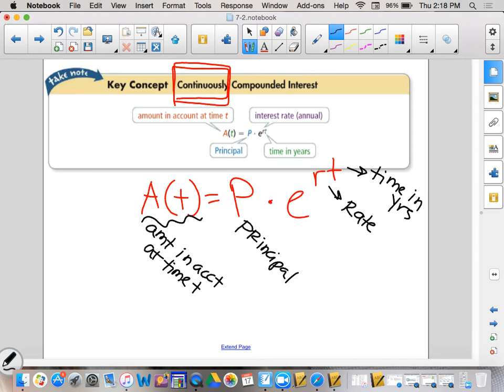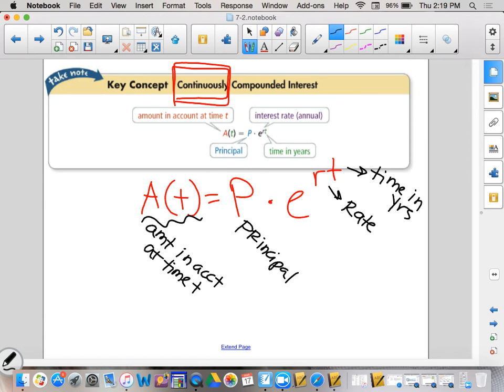So the e is what again? The e is just the thing I'm going to use on the calculator. So A of t is the amount in the account at time t, P is principal, r is rate, and t is time in years.